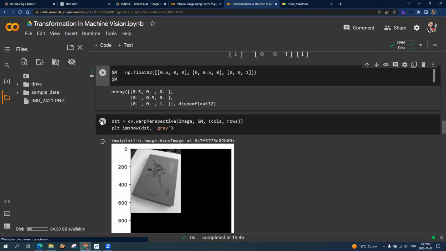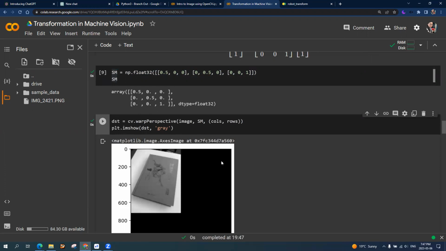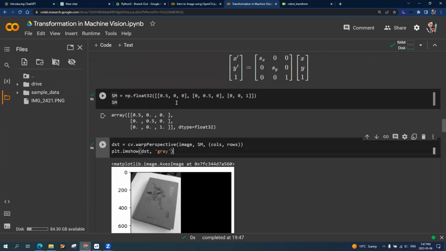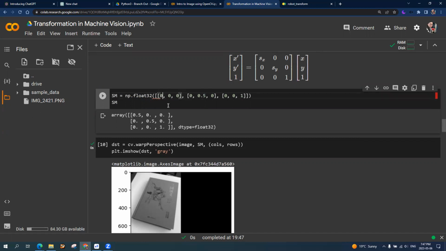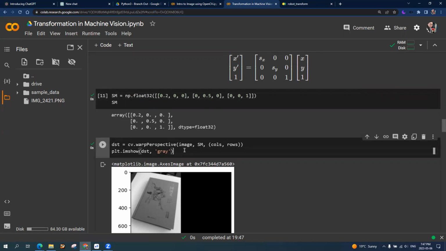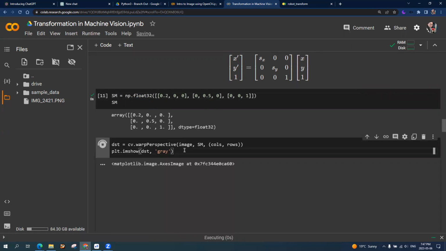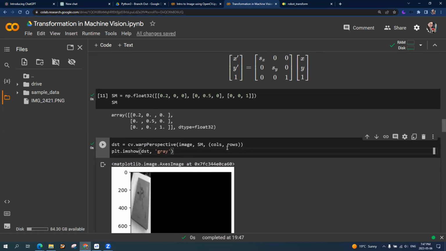Apply this to the image, and you shrink it by half. So you see this is the proportional change for the scaling. If you change it to 0.2, it will be even smaller. So we're shrinking x more, and it looks like that.